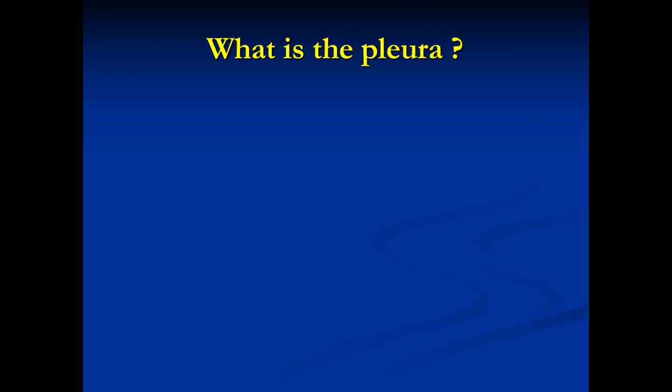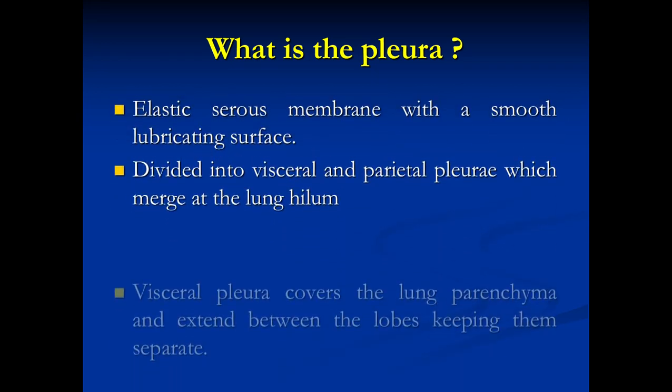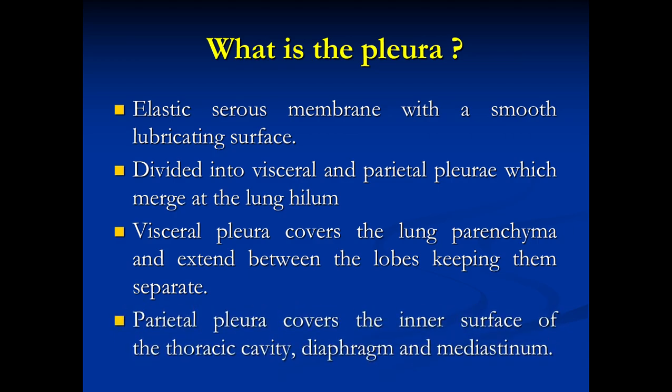Initially, we have to know what the pleura, its layers, its anatomy. So the definition of the pleura: it's an elastic serous membrane with a smooth lubricating surface. It is divided into visceral pleura and parietal pleura, which merge at the lung hilum.